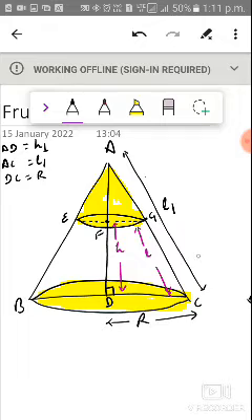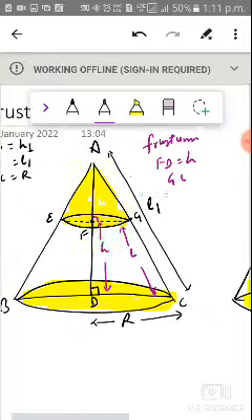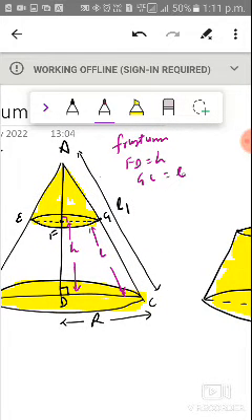So for the frustum, the height of the frustum, that is FD, is H, and the slant height of the frustum, that is GC and also EB, is L. And the two radii of the frustum are FG and DC.